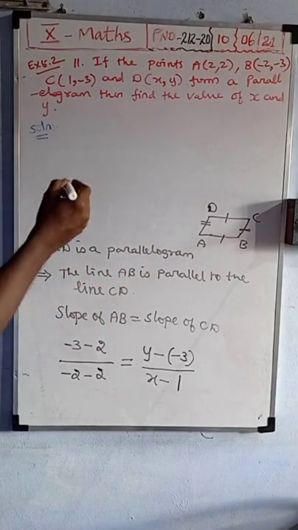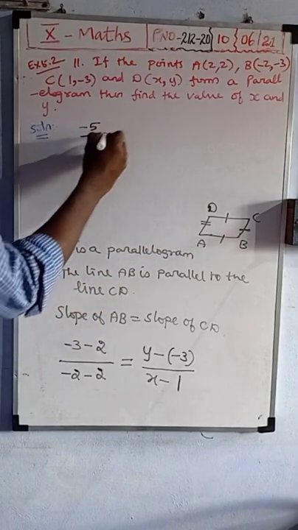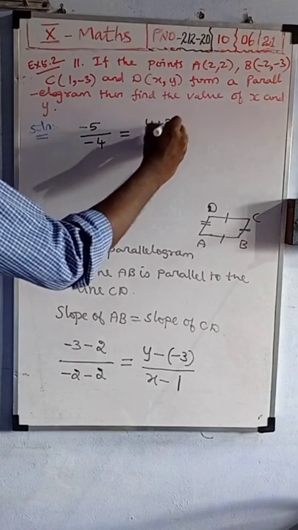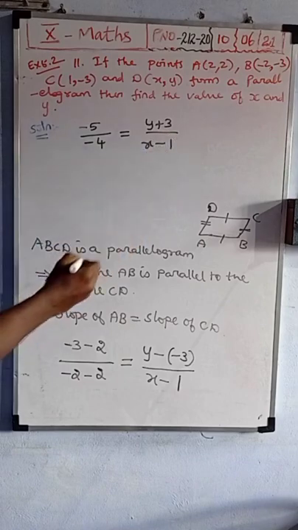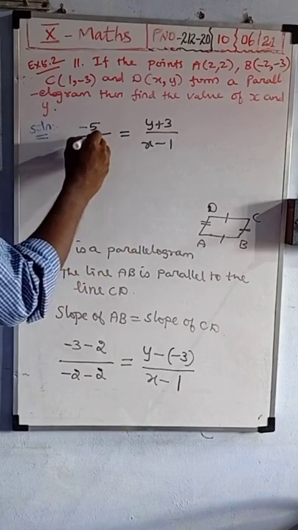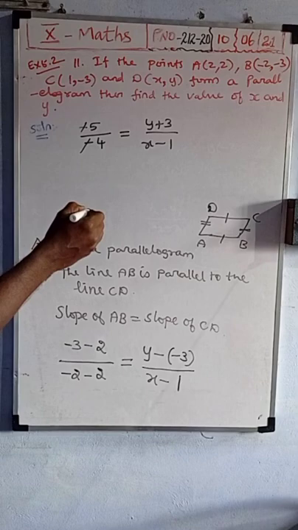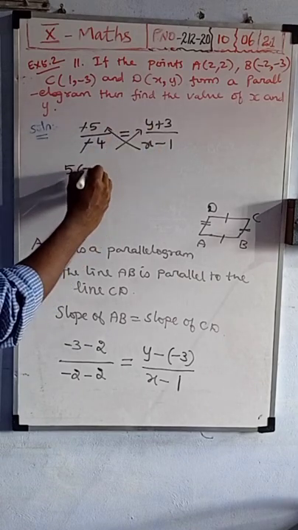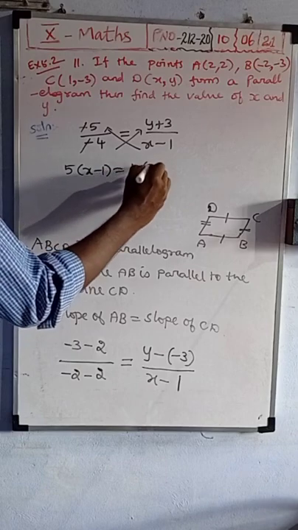Simplify means minus 5 divided by minus 4 is equal to y plus 3 divided by x minus 1. Now the minus and minus cancel, so you get plus. Doing cross multiplication, 5 times of x minus 1 is equal to 4 times of y plus 3.